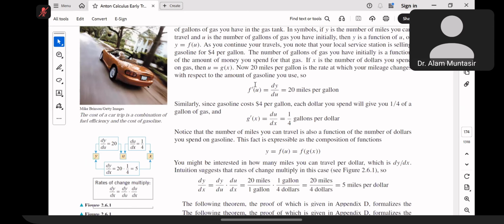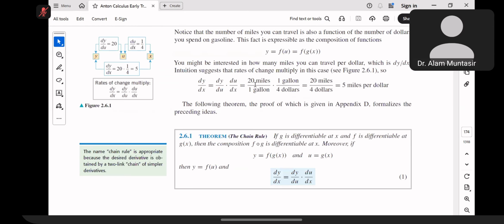if we consider y is a function of f and its input is g, that means y is a function of g(x). So y equals f of g(x). And u is another function, a function of x, so u equals g(x). Then y eventually becomes a function of u.